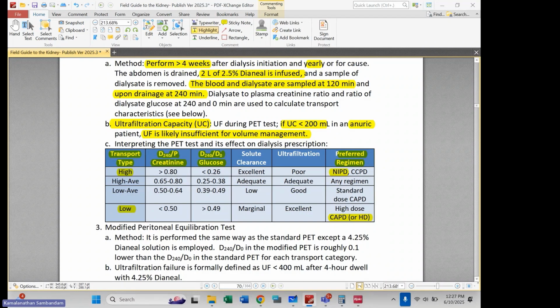Because again, when I have low transporters, I have less solute clearance. I have better ultrafiltration, but less solute clearance. In order to achieve the necessary metabolic control, then I would need to crank up on my total volumes, for instance, by adding exchanges throughout the day, either through CAPD or through CCPD with midday exchanges, etc.